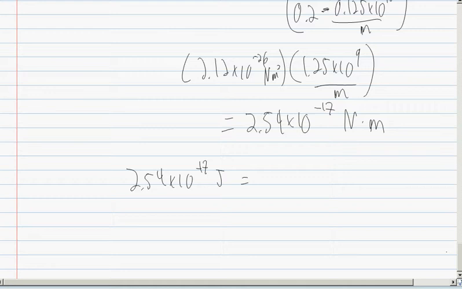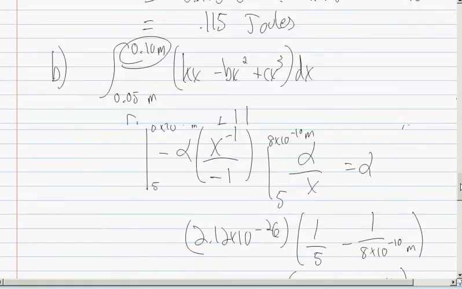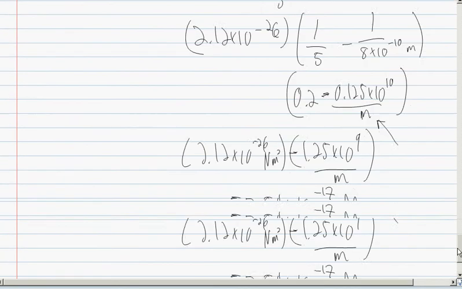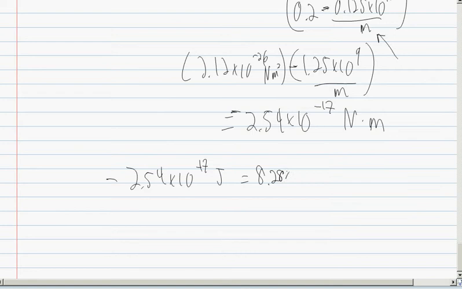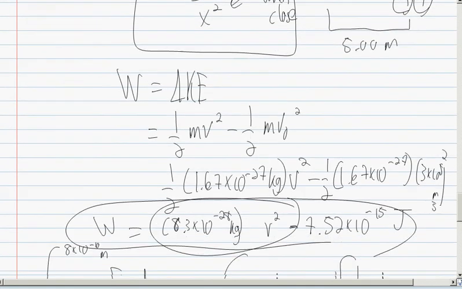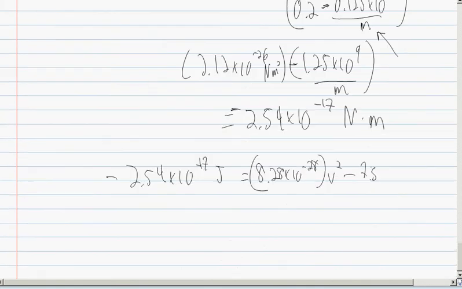It's going to be negative 2, because this number's going to be so big that we're going to end up with negative, which is what we wanted anyway. And that's going to be equal to 0.28 times 10 to the negative 28 V squared minus 7.52 times 10 to the negative 15 joules.